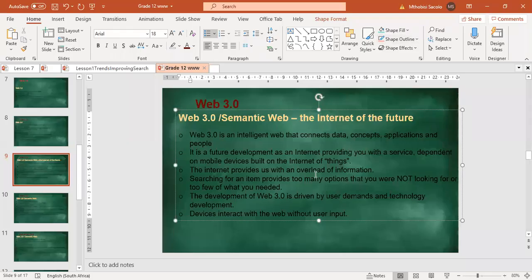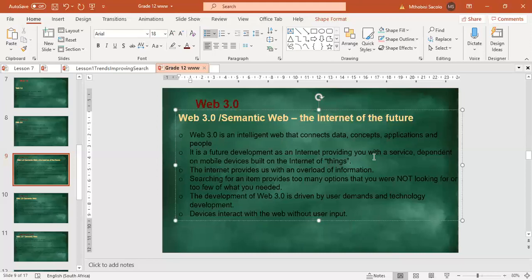Okay, let me start by explaining what we really mean by Internet of Things. When we talk about Internet of Things, we talk about a digital world where machines, computers, and all other computing devices are connected and they are able to share information without human to human interaction and without human to computer interaction.